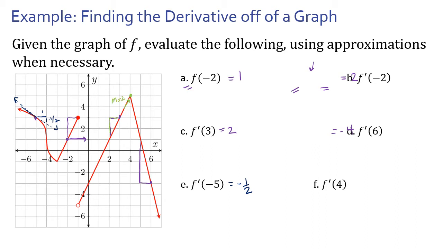But when I look at it from the right-hand side, what that limit is as I'm approaching 4, I see that that is negative. It's that -4. That's the slope of that line. So because the limit as you're approaching 4 from the left and the limit as you're approaching 4 from the right are not the same value, that limit doesn't exist, which means that the derivative does not exist. There is no constant rate of change happening there.